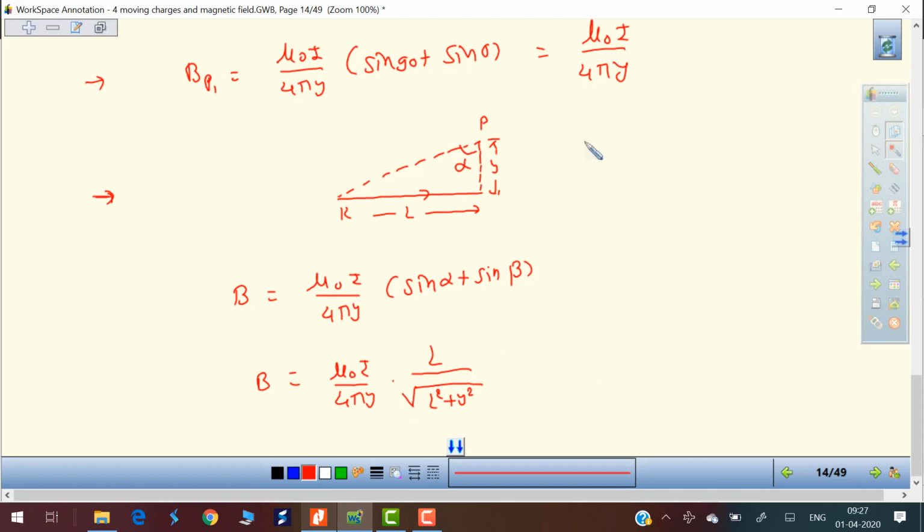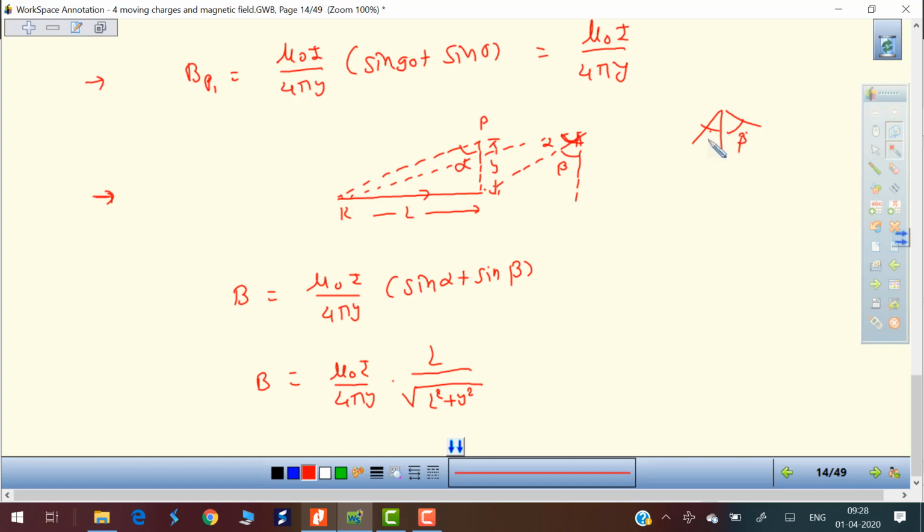Suppose the point is here, somewhere here. So in that case, suppose this angle is given alpha and this angle is beta. This is the alpha and this is the beta. So in that case, P is shifted to the right side. Here alpha and beta are both positive.